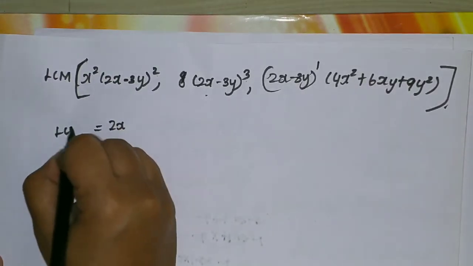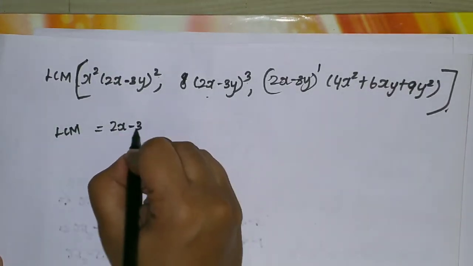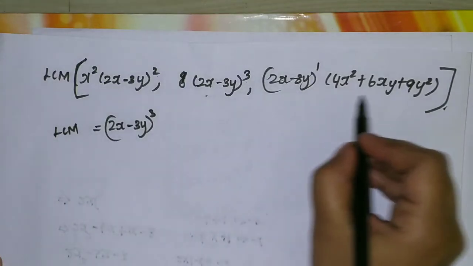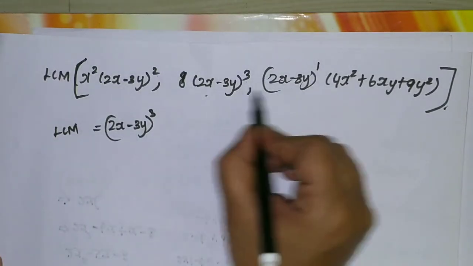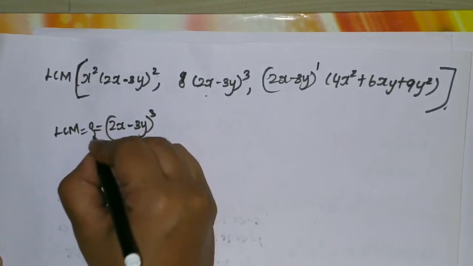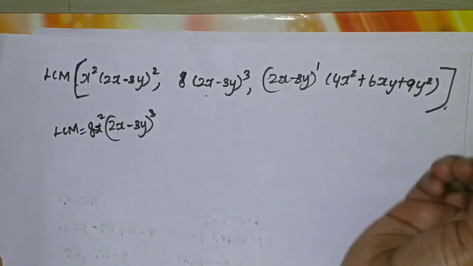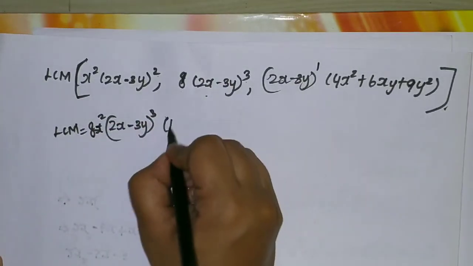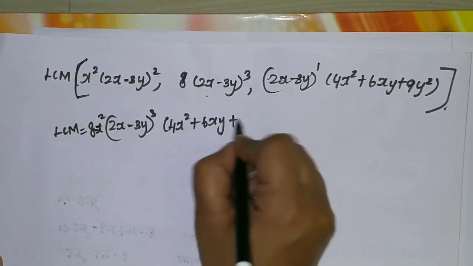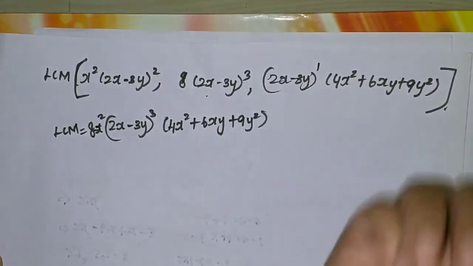LCM is equal to 2x minus 3y whole cube. And you have to write all the remaining terms. What are the remaining terms here? 8x square. Next you have to take and write this also: 4x square plus 6xy plus 9y square. That's it.